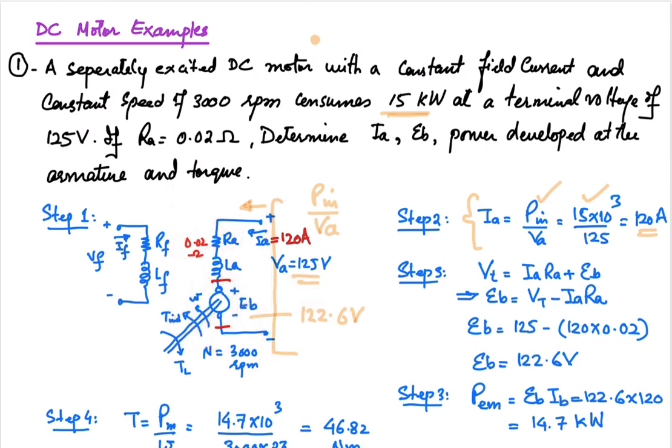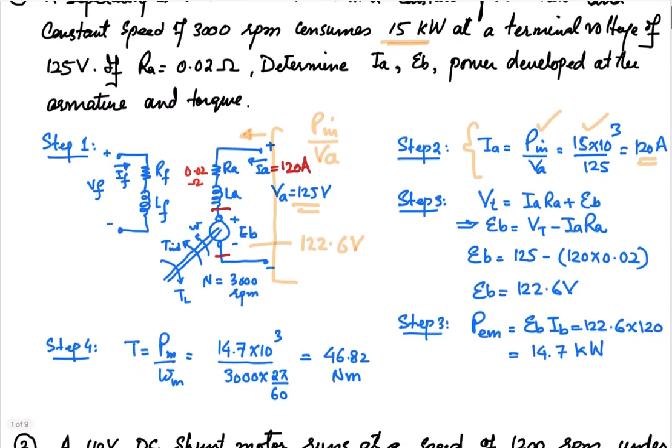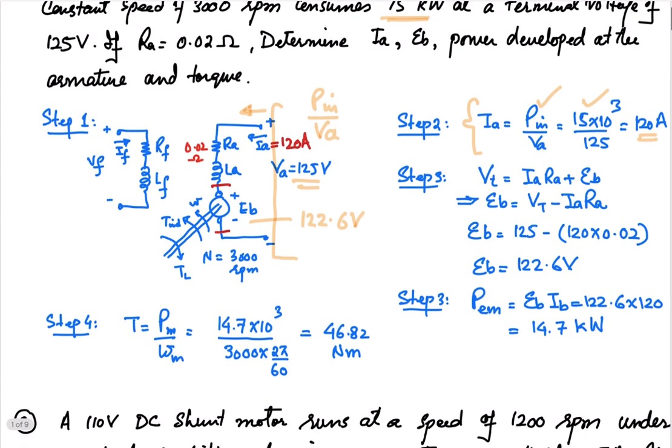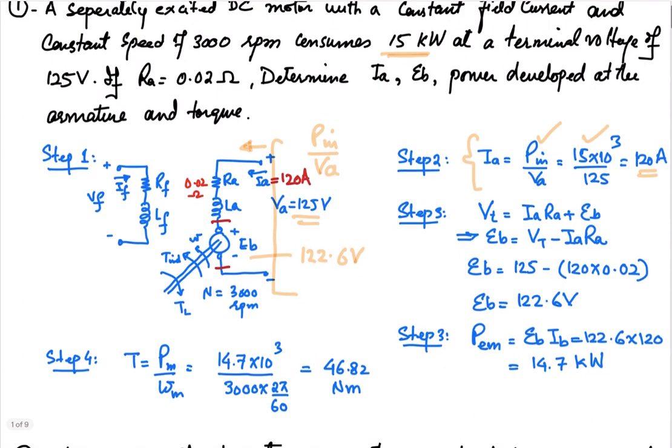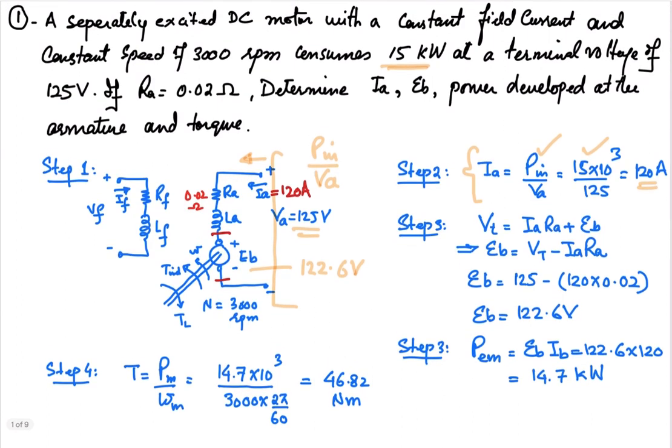With Eb as 122.6 volt and Ia as 120 ampere, the power converted into mechanical form is 14.7 kilowatt, out of the 15 kilowatt we injected.